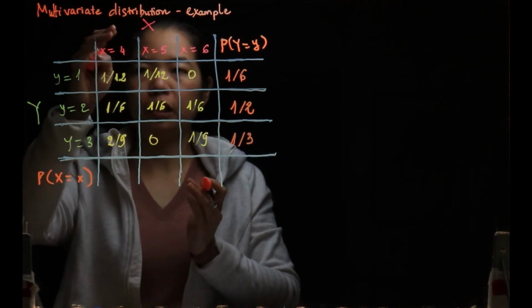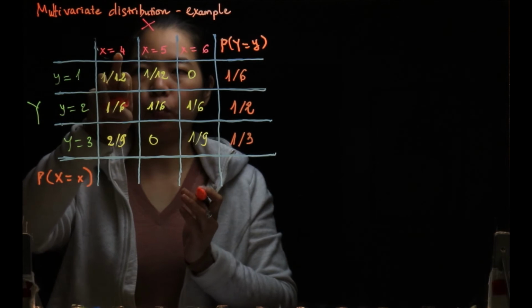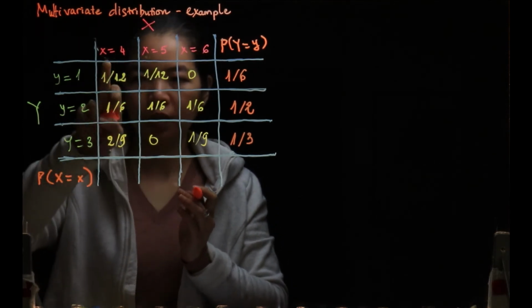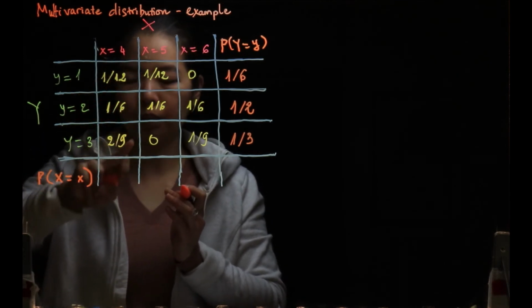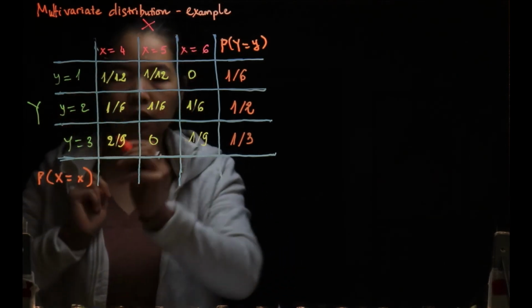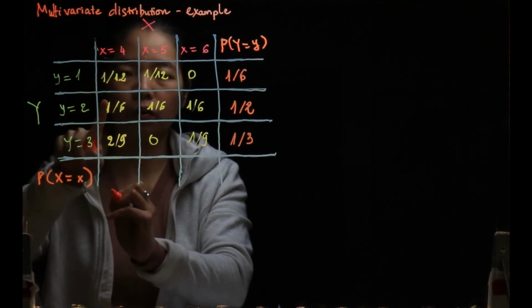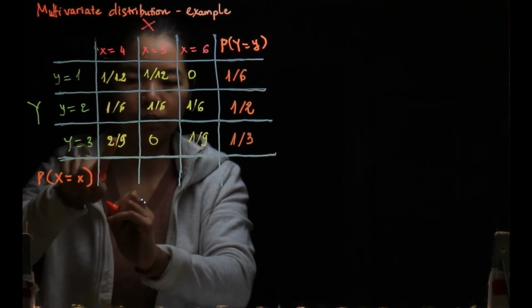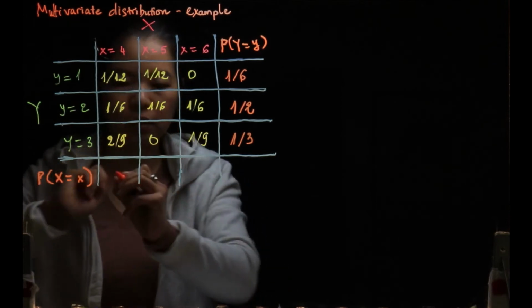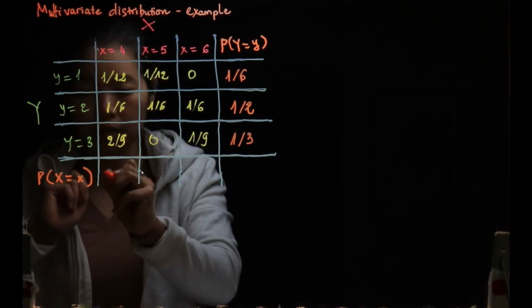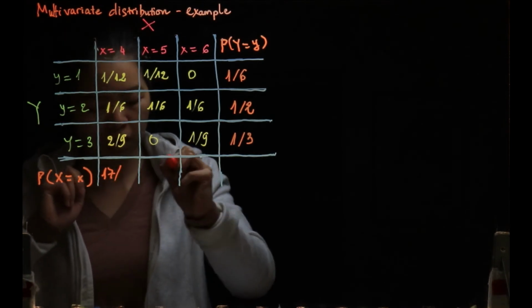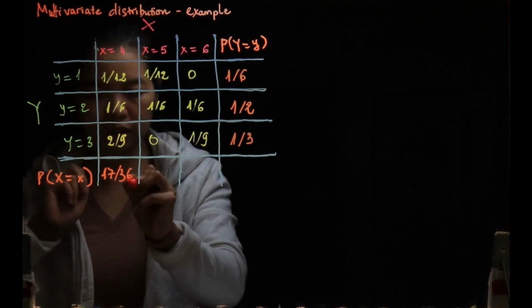Again, we pay attention to the first case where small x is 4, and we sum up all the probabilities on this column. So 1/12, 1/6, that means 1/6, 2/12, 2/12 plus 1/12 is 3/12, plus 2/9. A bit complicated, but I give you the number. You can check it on your own. 17/36.